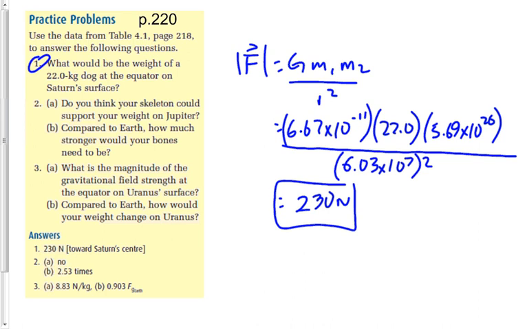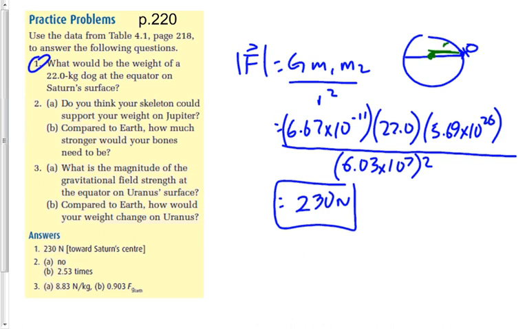Say that again, Joe. From the surface of Saturn. No, this one's from the surface of Saturn to the center of Saturn. So look, you're on the surface of Saturn here, on the equator. The distance from the center of Saturn to you is that r that we use there, the radius of Saturn.